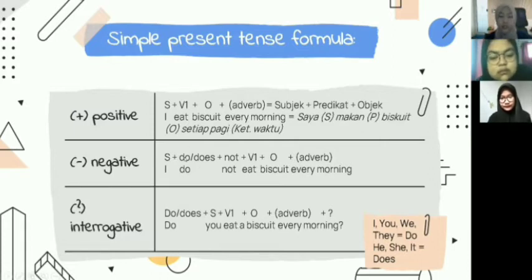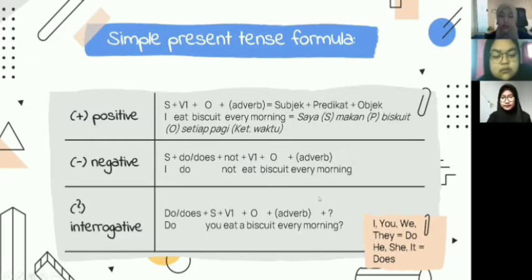You can see what do or does means. There is a little note here that you need to remember. When the subject is I, you, we, or they, we use do. I do, you do, we do, they do. But when the subject is he, she, or it, we use does.